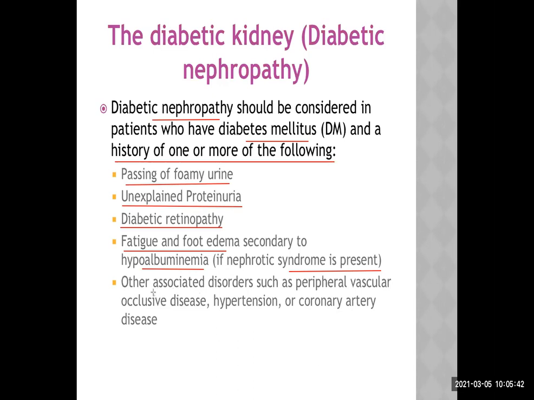Other associated disorders like peripheral vascular occlusive disease or peripheral arterial disease, hypertension, or even coronary artery disease, if they are there, the pathology has already started and they have a connection with each other.